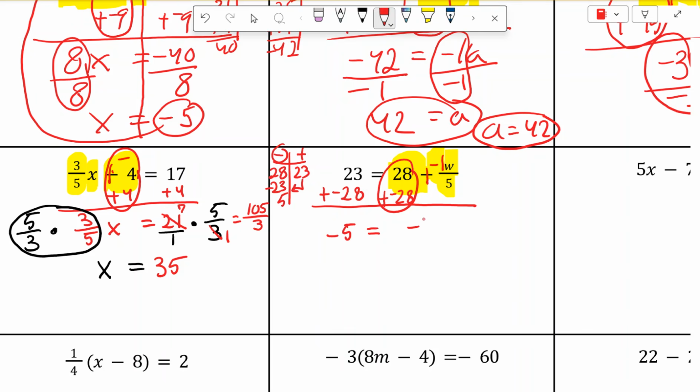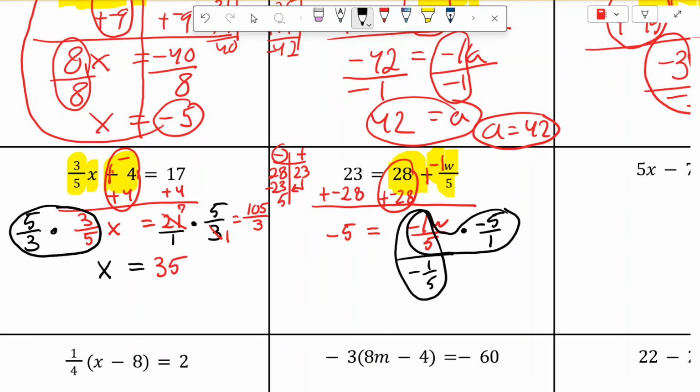We'll bring down the -1w over 5. And we could, the long way here, we could get rid of the -1/5 by dividing by -1/5. That would make a number 1. But also, if we multiply by -5 over 1, that also makes the number 1. So that's the shorter way to go. So we'll get rid of this.